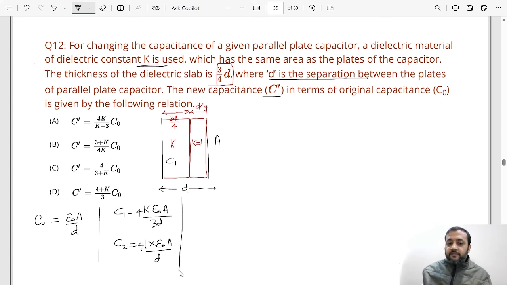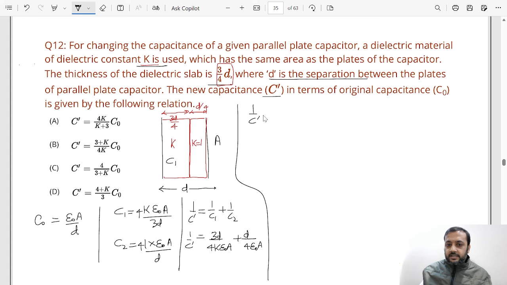And 1 upon C dash will be 1 upon C1 plus 1 upon C2. That means 1 upon C dash will become 3d upon 4K epsilon naught A, plus 1 upon C2 will become d upon 4 epsilon naught A. So from here let me do the calculation. 1 upon C dash will be equal to 1 upon epsilon naught A by d, which will come out, and here we will be left with 3 upon 4K plus 1 upon 4.